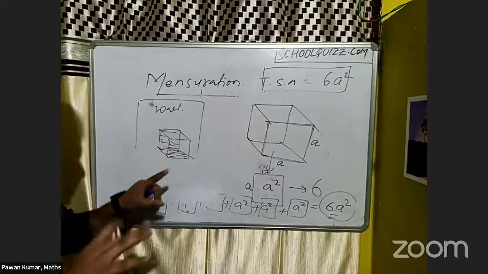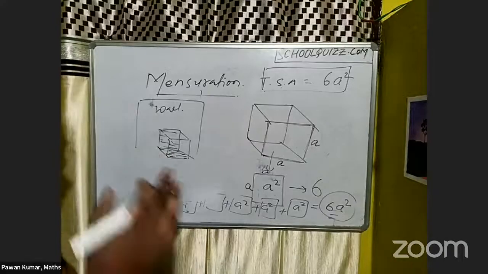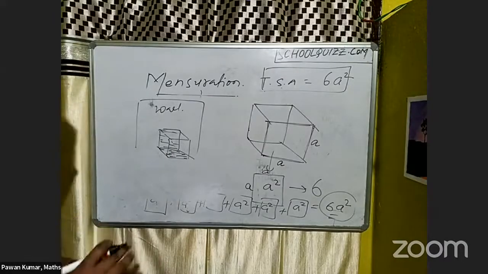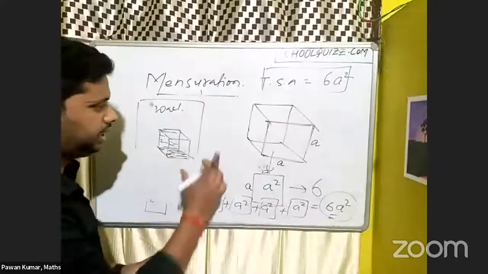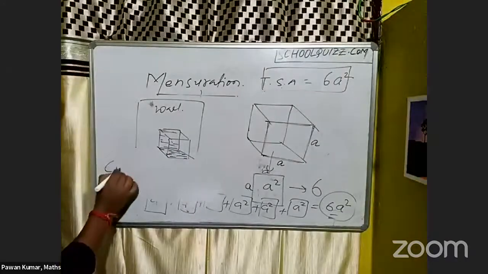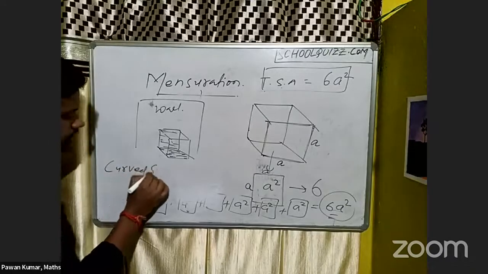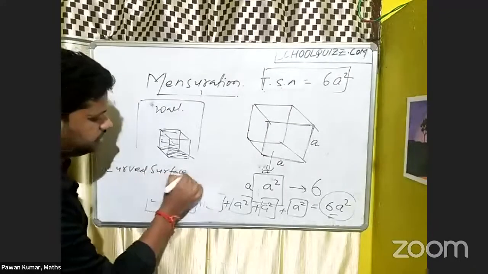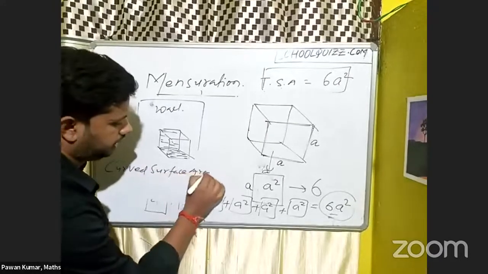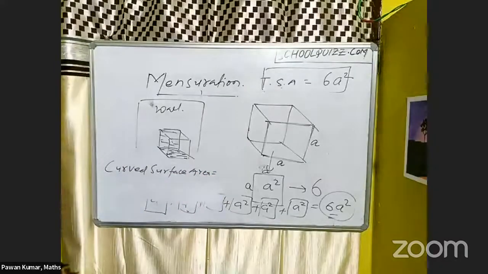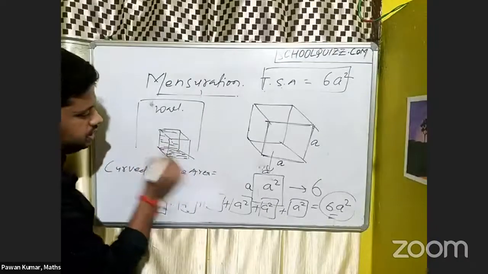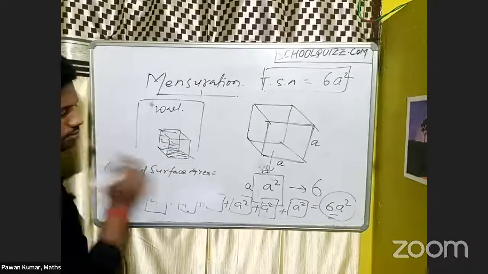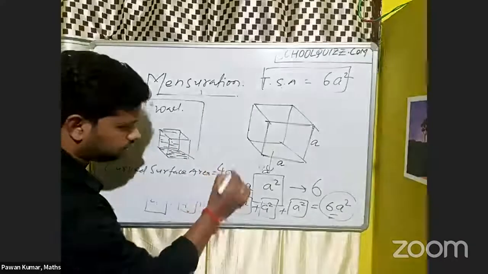Okay. So in that type of scenario, as per their requirement, they will take out the curved surface area, ignoring whichever faces they want to ignore. So what I am doing here is ignoring the down face and this side face. In total we are ignoring two faces.